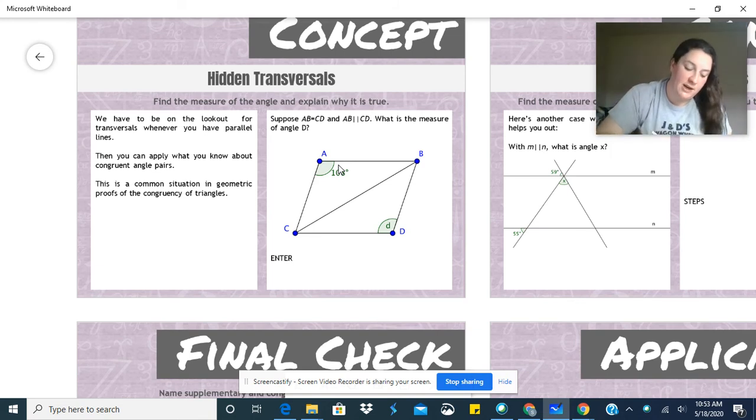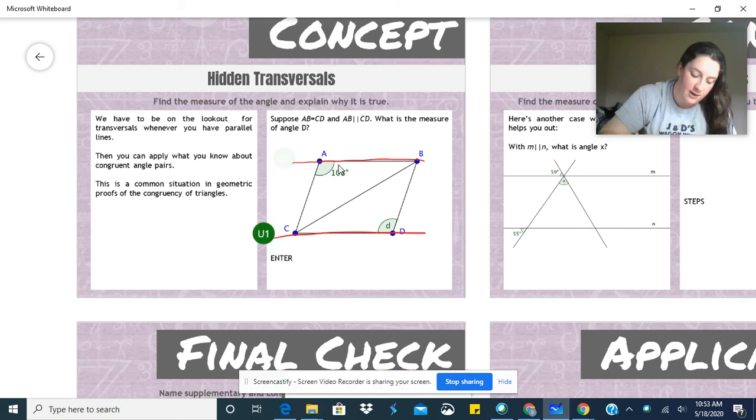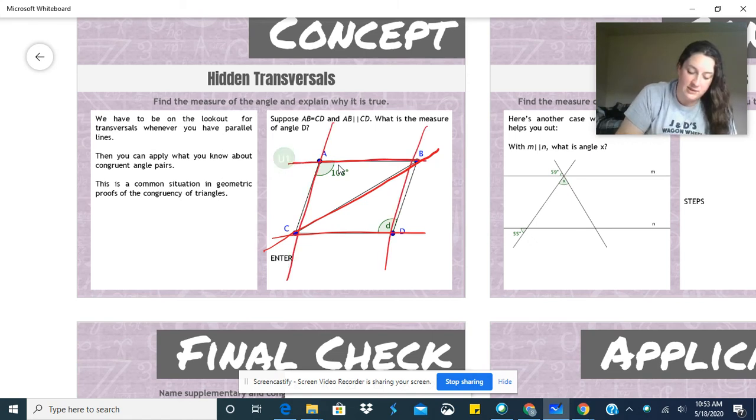So here's your parallel line, right? So you have a parallel line here, parallel line here. Here's your transversal. But then you also have a parallel line here and a parallel line here. And these are your transversals. So you extend those lines and you can see where those transversals are.